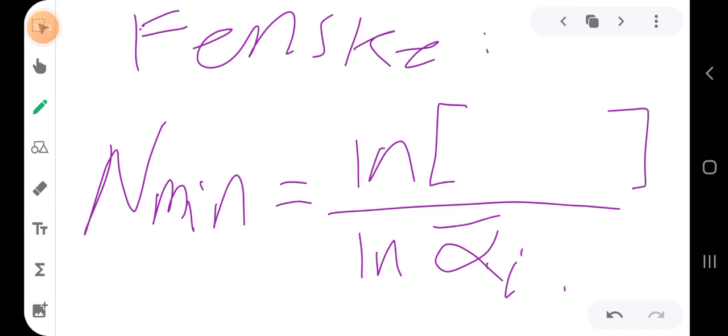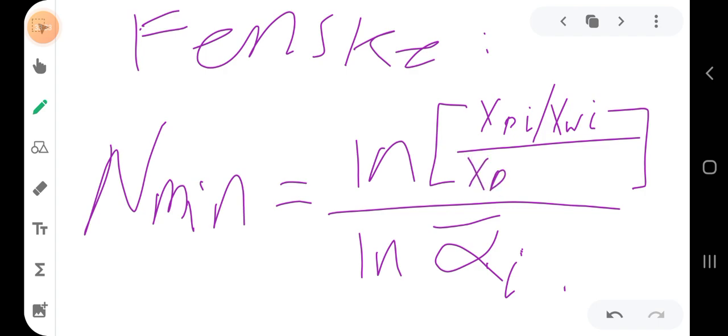And here inside this log, we have x D of I, the distillate of light key, over x waste of I, light key, divided by x D of J, and we agree that J refers to the heavy key, over x waste of J, which is the heavy key.